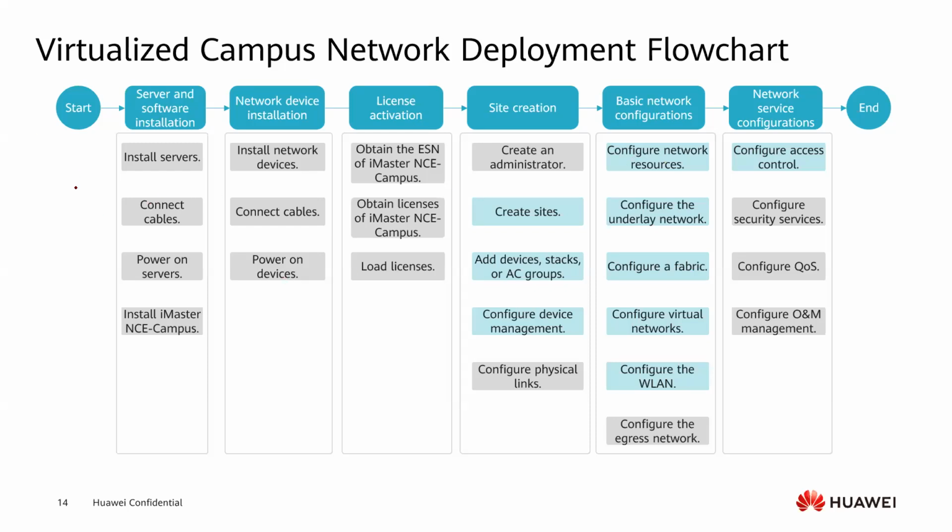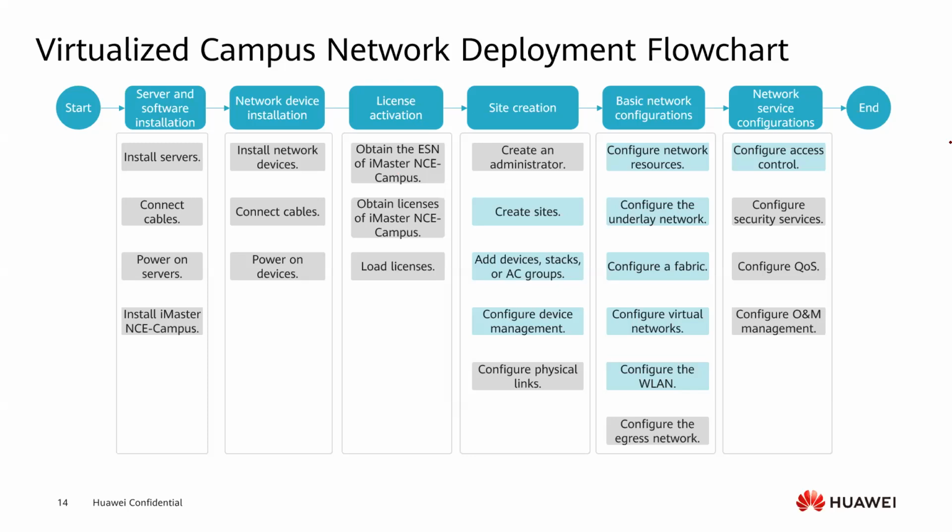For the first step, you just need to establish your topology based on the physical devices, and you need to install the servers, install the controller, or if you need the analyzer, you also need to install the campus insight and power on all of the devices.